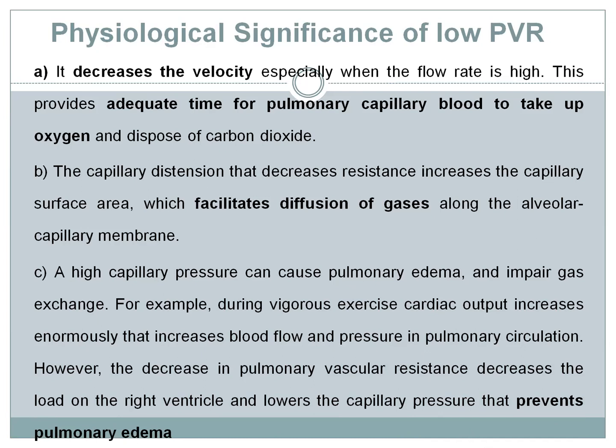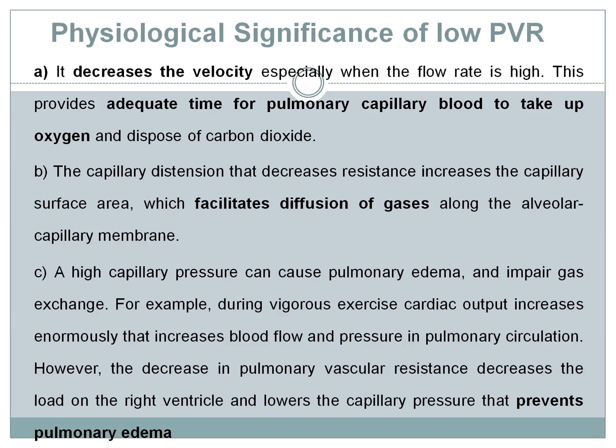That increases the blood flow, that will increase the pressure in the pulmonary circulation. But the decrease in the pulmonary vascular resistance decreases the load on the right ventricle and lowers the capillary pressure so that it can prevent the pulmonary edema. So this acts as a safety factor to prevent the pulmonary edema.